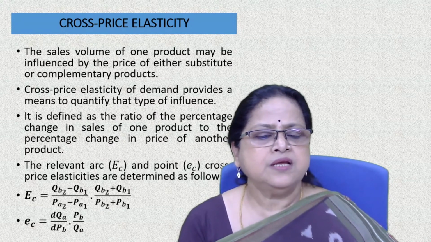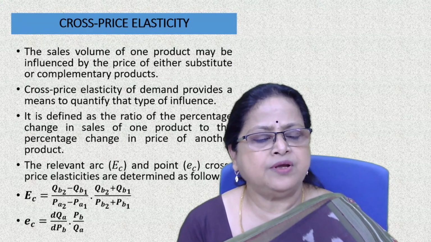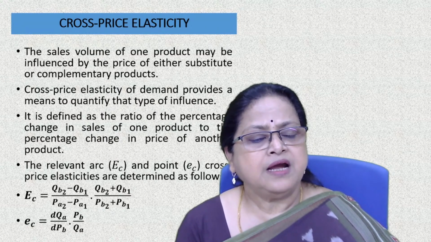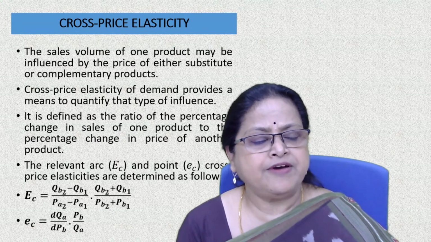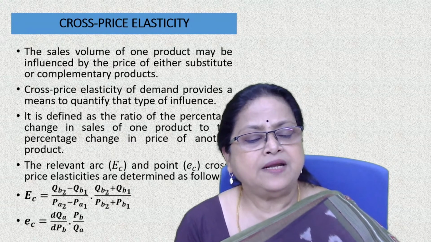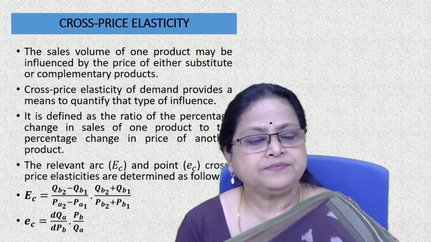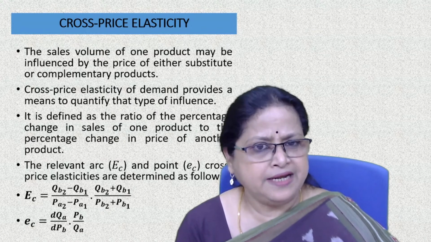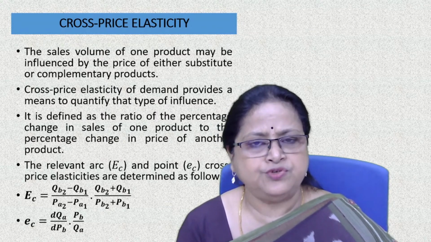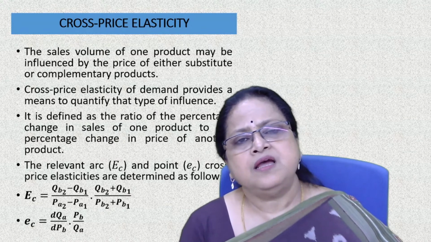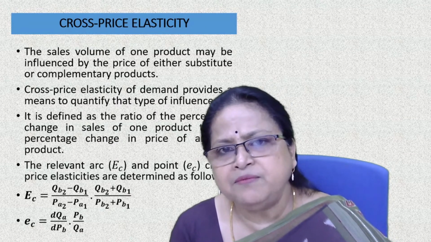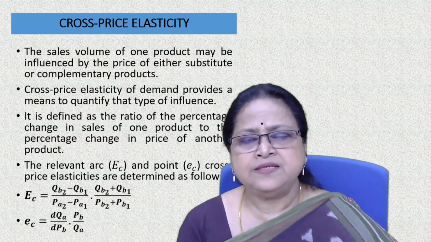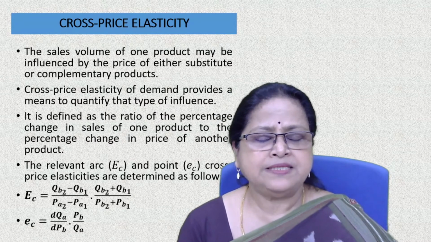There are two products, A and B. So the final quantity of B minus the original quantity of B, divided by the final price of A. A and B are related, they are complementary or substitutes. So basically, percentage change in quantity demanded of B as a percentage change in price of A. That is the basic idea behind cross price elasticity.